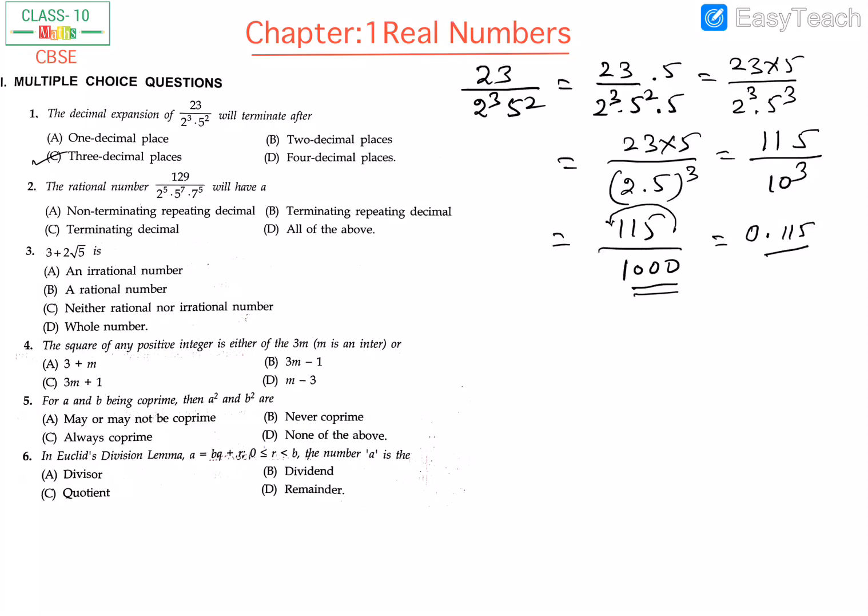Next question. The rational number 129 upon 2 power 5 into 5 power 7 into 7 power 5 will have a non-terminating repeating decimal, or terminating decimal, or all of the above. Which one is correct?